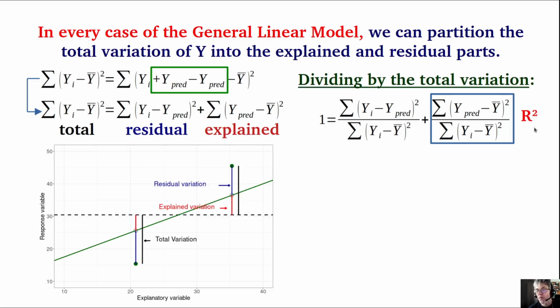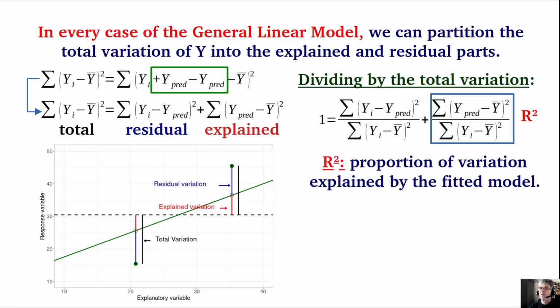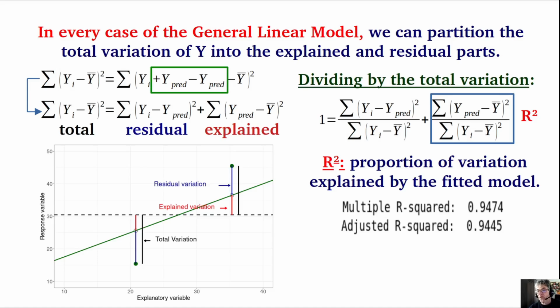It's a measure of the goodness of fit of our model. So we can also obtain, from the summary shown in the previous slide, that the adjusted r squared is 94%, which means that our model explains 94% of the variation of the response variable.